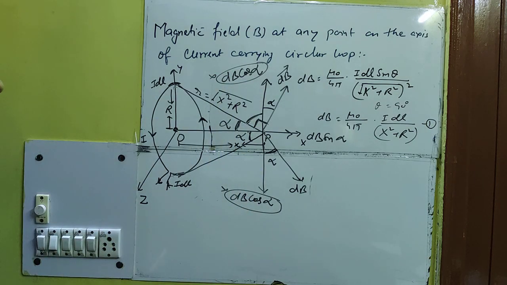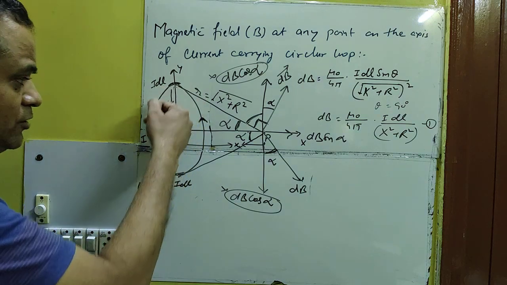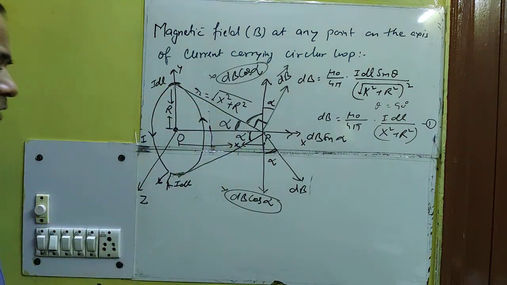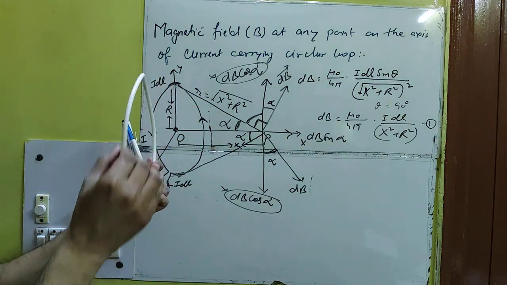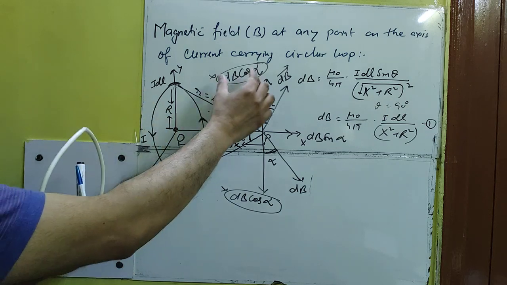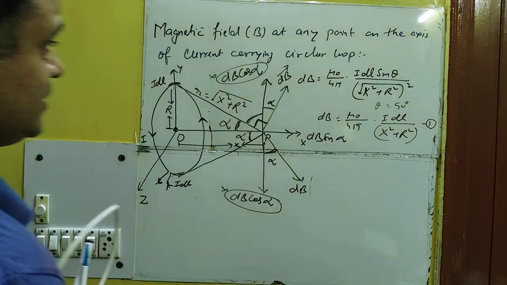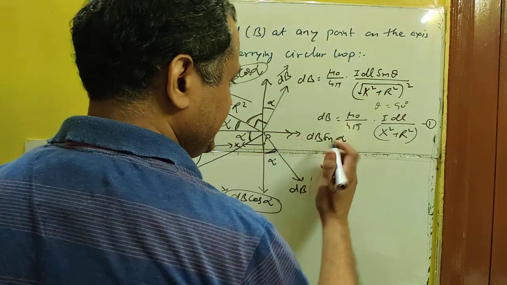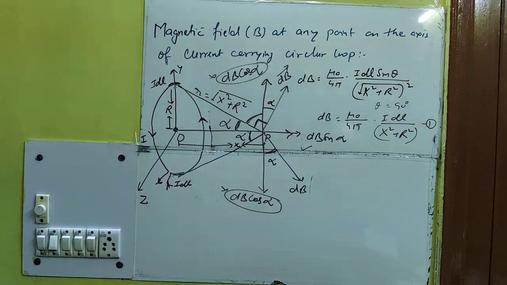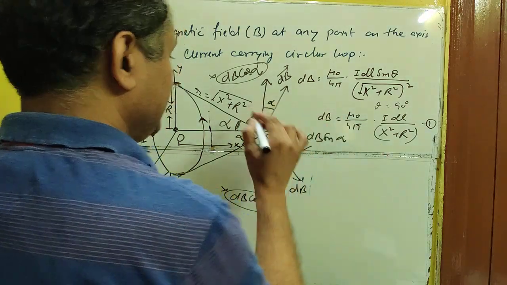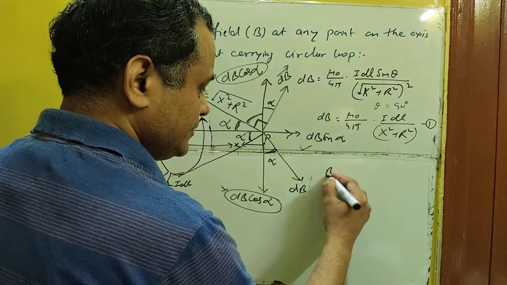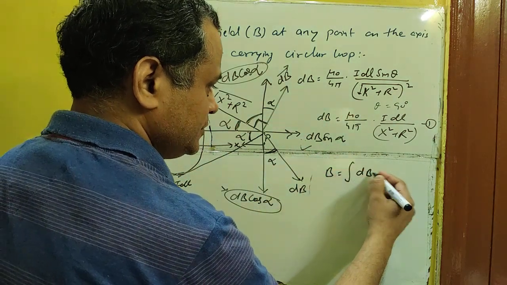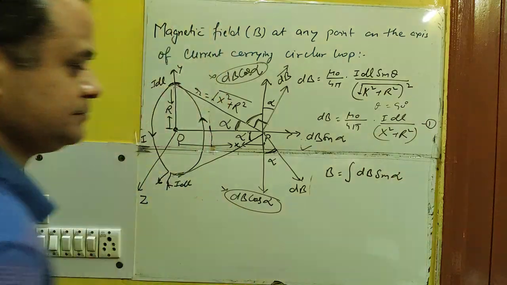That means whatever the location of the element on the ring, all dB cos alpha components will cancel each other. That means the effective component is only dB sin alpha. So what is the net magnetic field at this point P? B will be the integration of dB sin alpha.